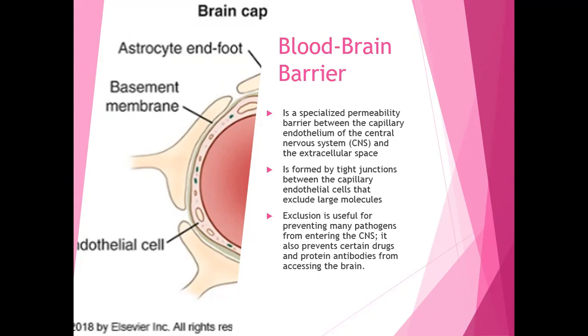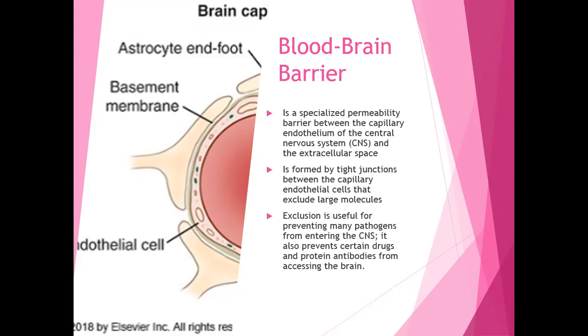There are tight junctions between the capillary endothelial cells that exclude large molecules. So normally in our capillaries, we have that one layer of endothelial cells, and white blood cells and whatnot can go through those openings to get out into the extracellular space.